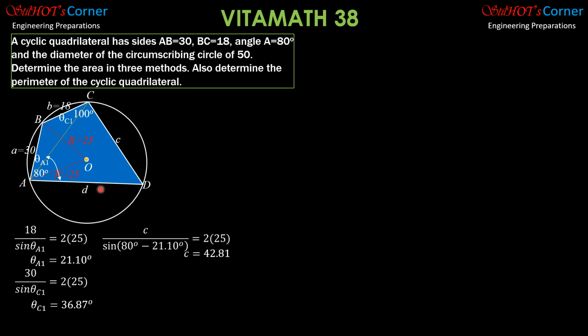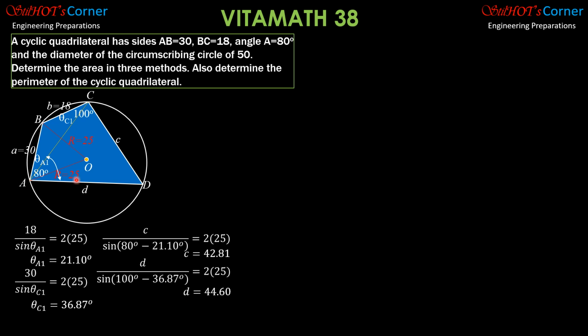Then D, because this is also a triangle CAD inscribed in a circle, D over sine of this angle, which is 100 degrees minus theta C1, is equal to 2 times 25. So side D is 2 times 25 or 50 times sine of 100 minus 36.87, and that is 63.13 degrees. D is 44.6 units.